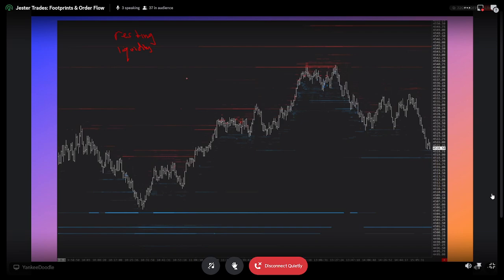Notice how... Before you move on from there, Jester, I just want to unpick what you said, because you said something really powerful, and I want to make sure everyone's understood it before we move on to how this chart works. I can see why you chose this chart, because it's really interesting for resting liquidity. But what Jester just said, and he said it brilliantly, is that liquidity is what fuels the market.